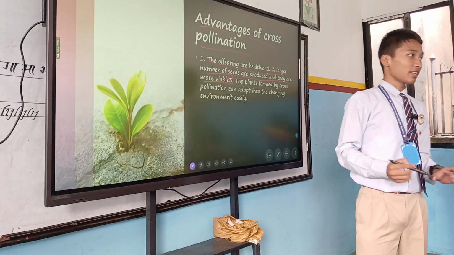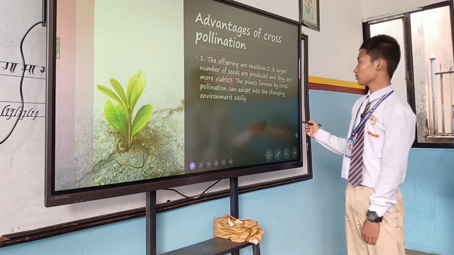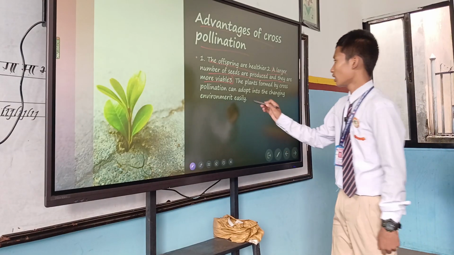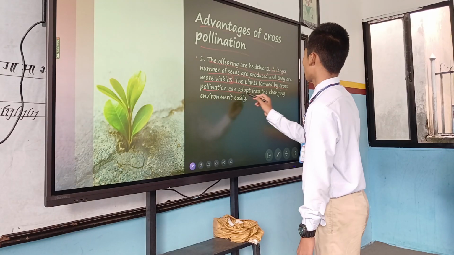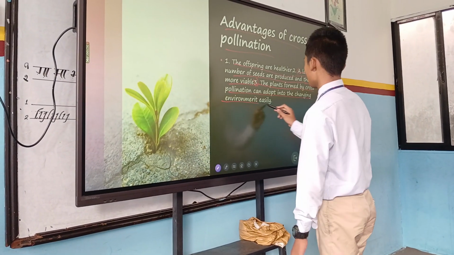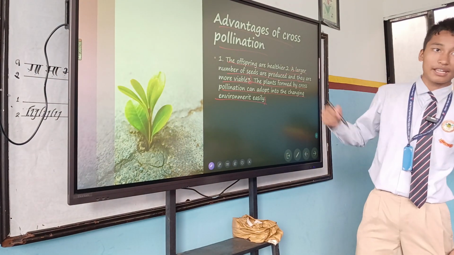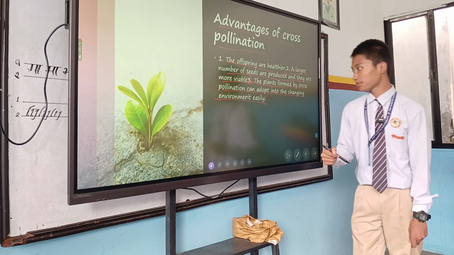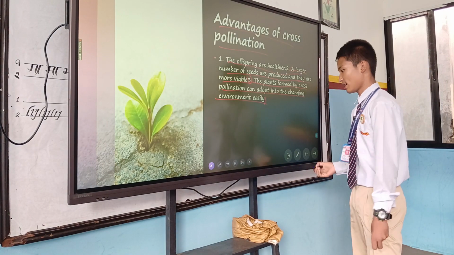But in cross pollination, they produce more seeds and they are more viable. Third, the plants formed by cross pollination can adapt to changing environments and climates easily.